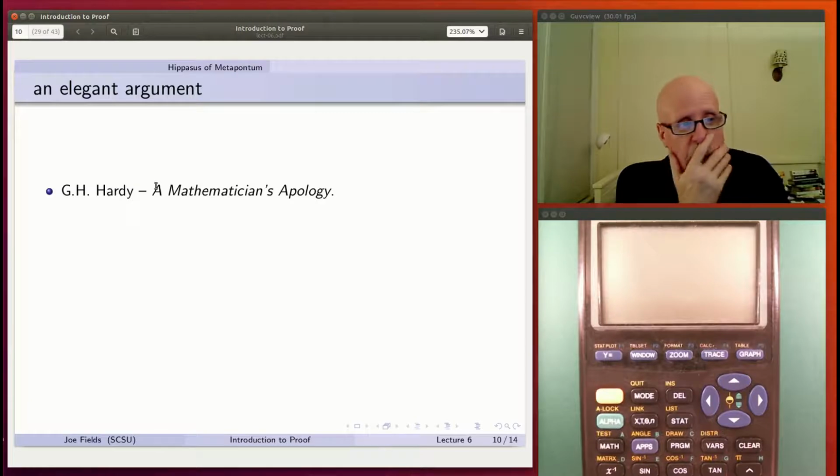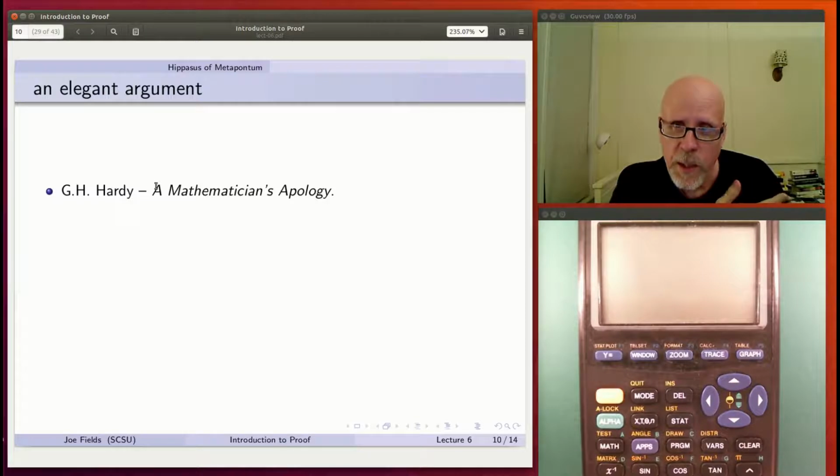Anyway, near the end of his life, not quite at the end, but after he had felt that he was sort of through with most of his productive work in math, he wrote this slim little volume called A Mathematician's Apology. And it's beautiful writing. I heartily recommend it to anybody who's going into math as something to read.